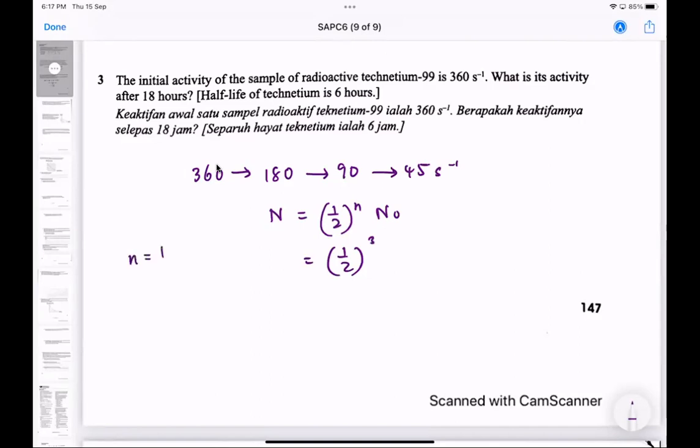So small n is 18/6 equals 3. And N-naught initially is 360. Using the formula, you can also get the answer. 45. Honey, you did a careless mistake somewhere.